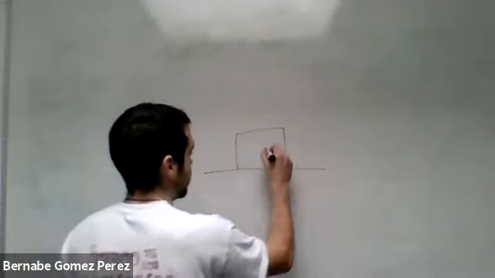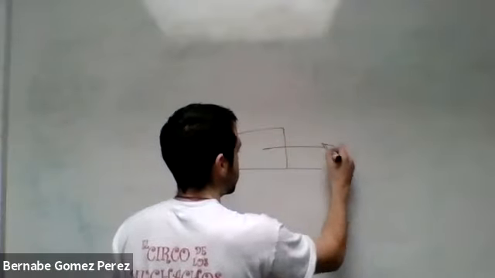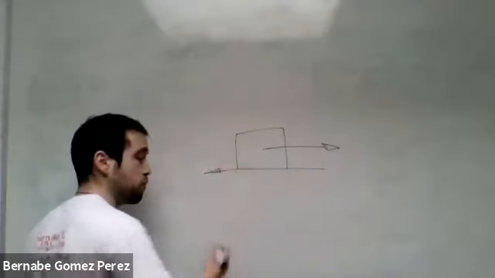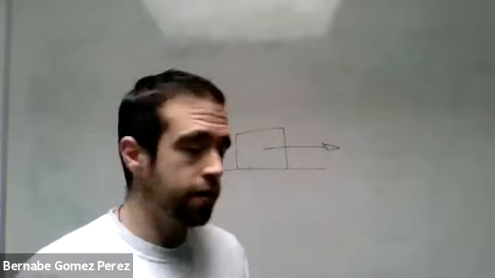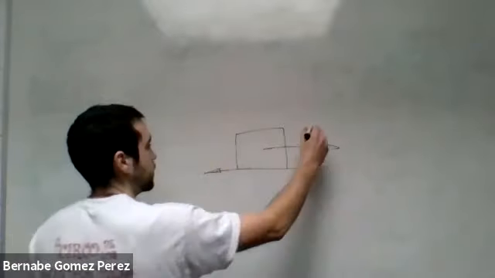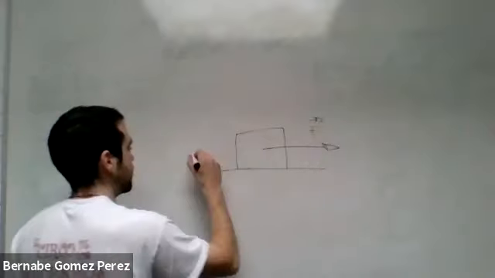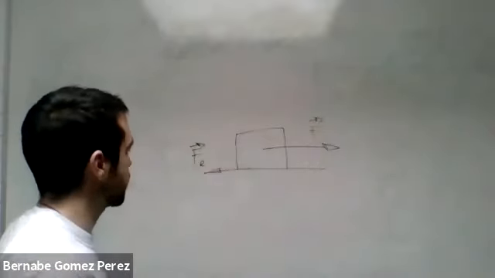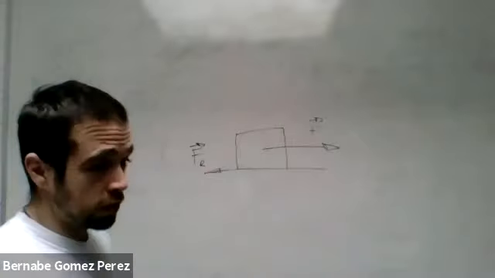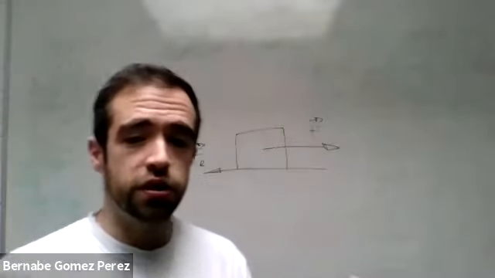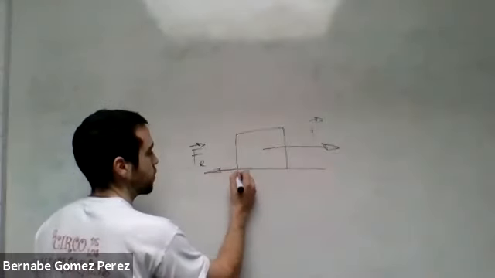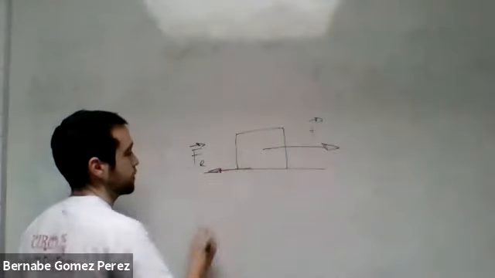If someone is pulling this box, the friction always opposes the movement. This would be F, and this would be FR, standing as friction. Friction is always parallel to the surface. Important: the friction is always parallel to the surface.